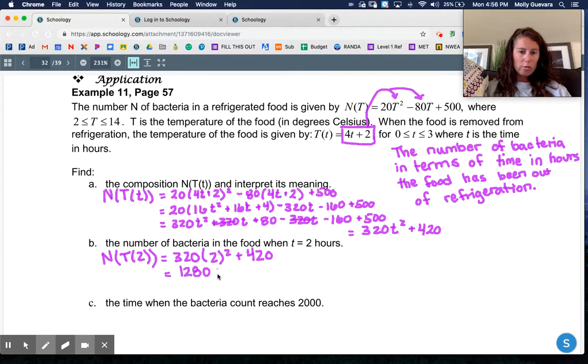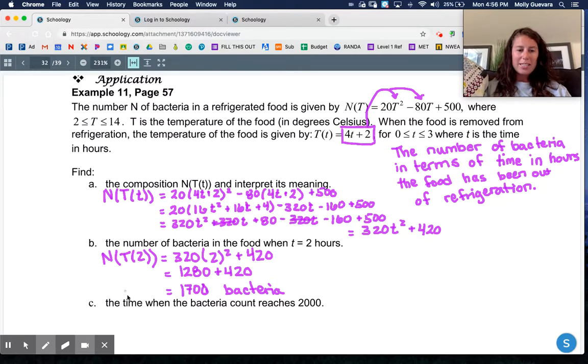So 1280 plus 420, and I get 1700 bacteria. Gross, right? Icky.